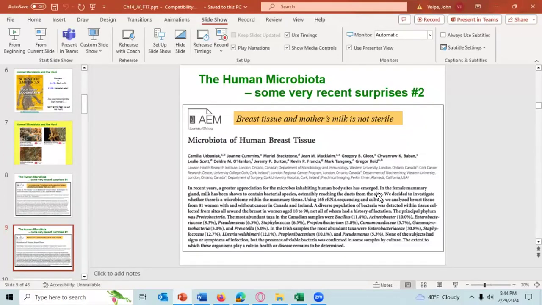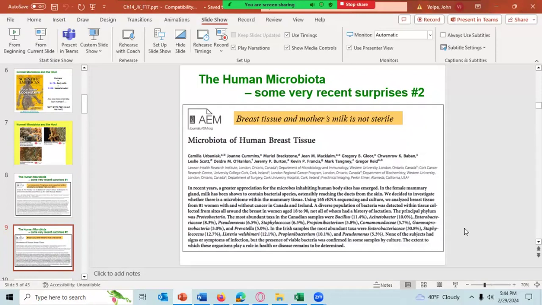Now, when the baby is nursing, obviously the baby is going to get the bacteria from the mother's nipple. However, it turns out that even if we were to sterilize the nipple, which is kind of hard to do, there would be bacteria in the milk that the baby would drink. And so that's a surprising place. We thought that mother's milk was sterile.